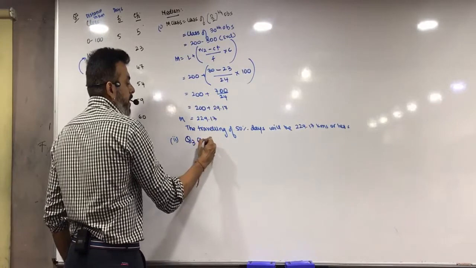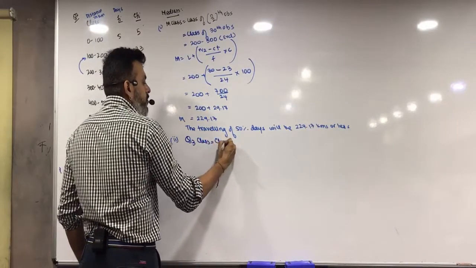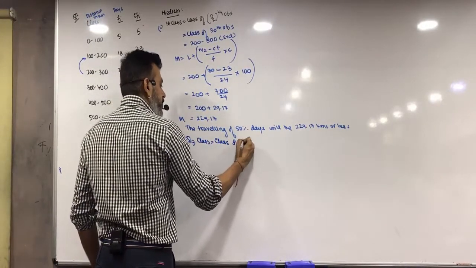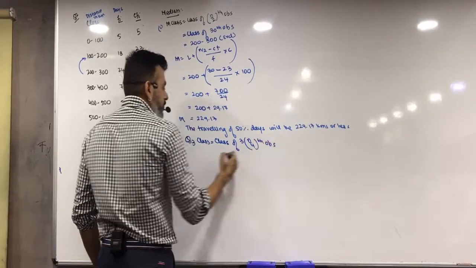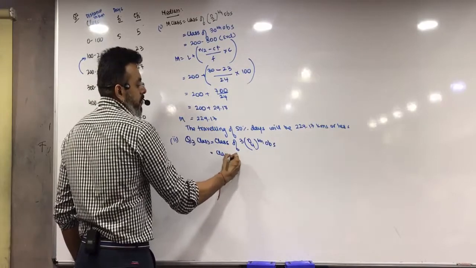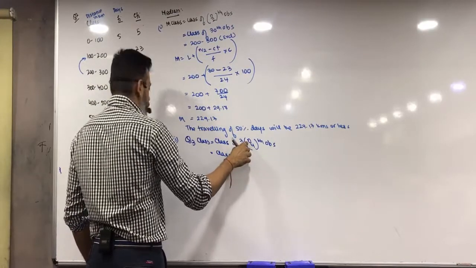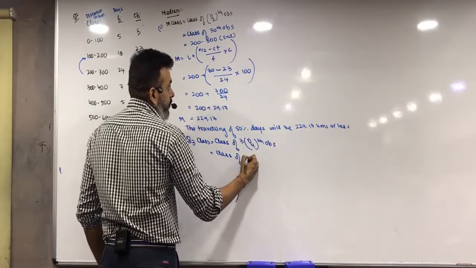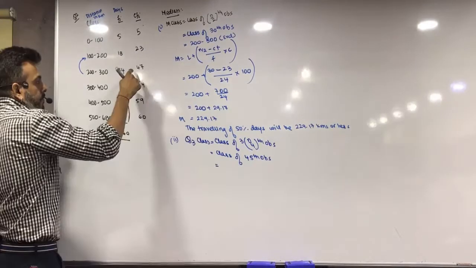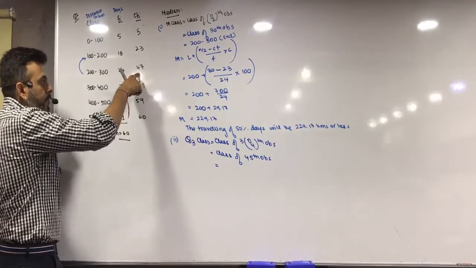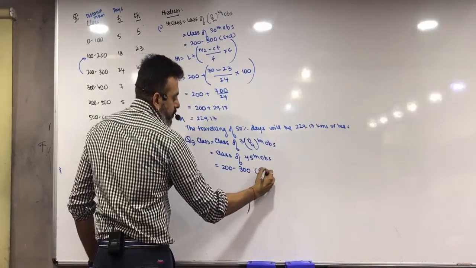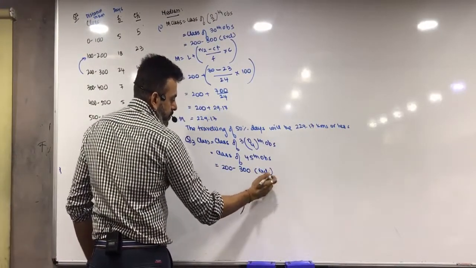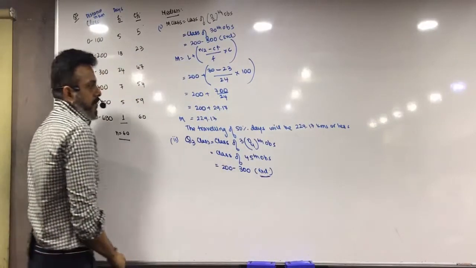So the Q3 class is the class of 3n by 4th observation, where n is 60, so 45th observation. Again the same, 200 to 300. Exclusive, don't forget this, important.